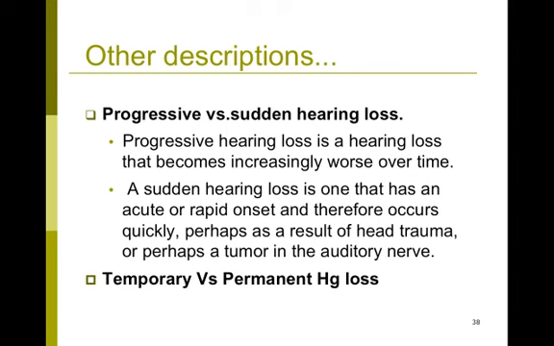Other cases of sudden hearing loss could be a fast-growing tumor, or it could be head trauma. Head trauma might result in a conductive hearing loss because the ossicles are being displaced or there is a tympanic membrane perforation. Head trauma also can result in a sensorineural hearing loss, like in cases of TBI, traumatic brain injury.